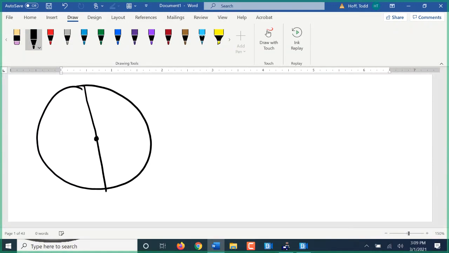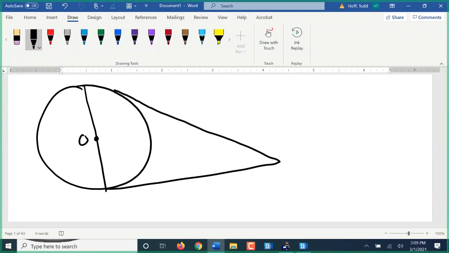Let's have another circle here with center at O. Tangent that comes off like this. Another tangent that comes in.